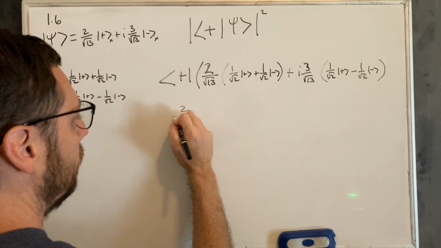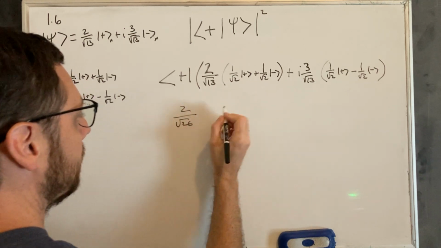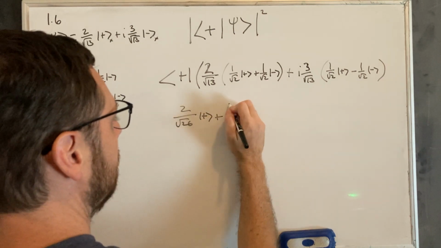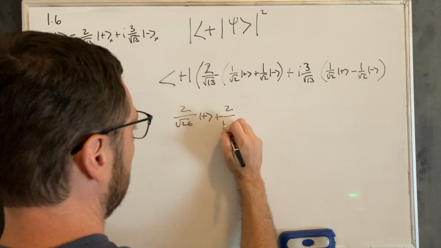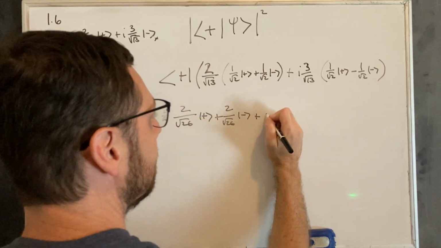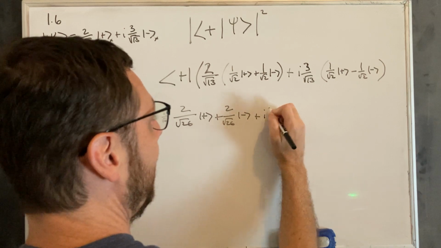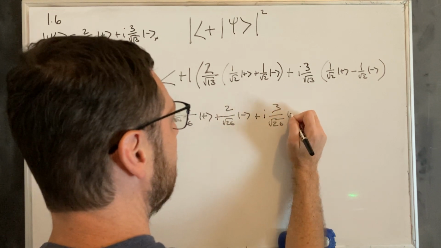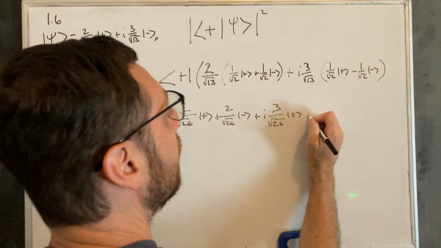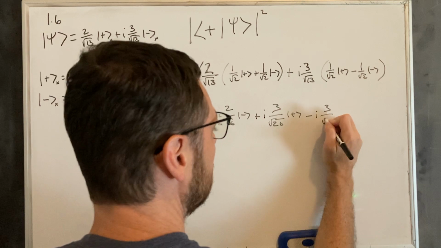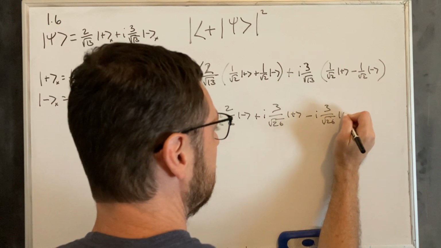So we have 2 over root 26 up plus 2 over root 26 down plus i 3 over root 26 up minus i 3 over root 26 down.